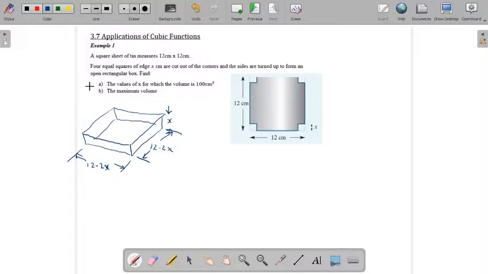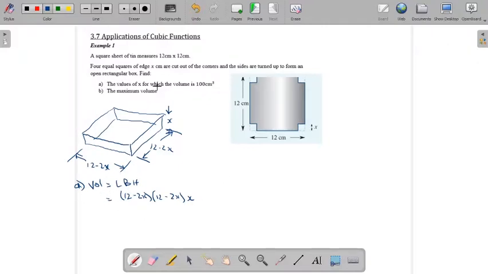So that's going to help us here with part A, find the values of x for which the volume is 100 cubic centimetres. Now, how would we work out the volume of a box? We know that volume is equal to length times breadth times height. So that's 12 minus 2x times 12 minus 2x times x.